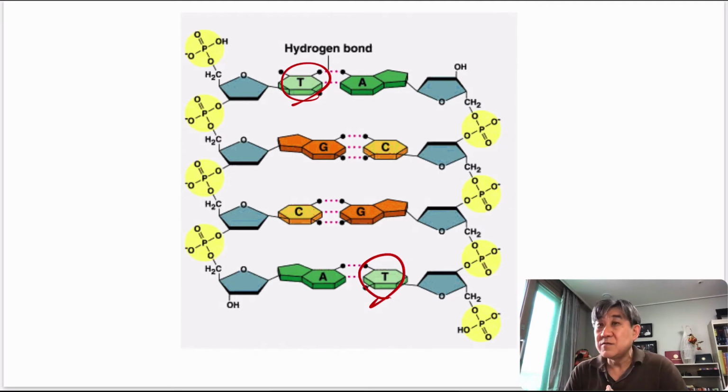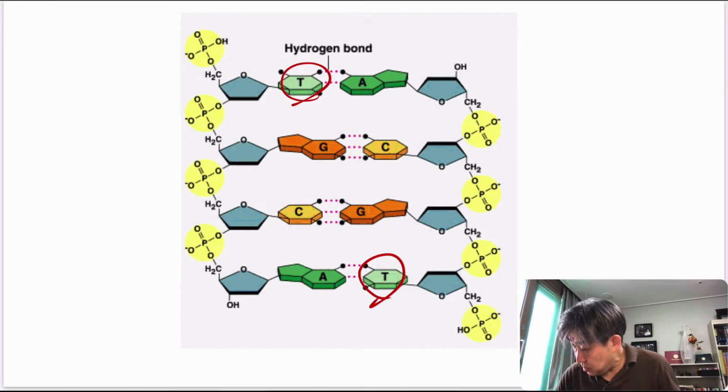RNA can also make the double helix, although not as often as DNA, and usually in nature RNA doesn't like to have two different strands with complementary base pairing. They rather prefer to have their internal complementary base pairs, and that's the structural basis for certain RNA to act as the enzyme known as ribozyme.